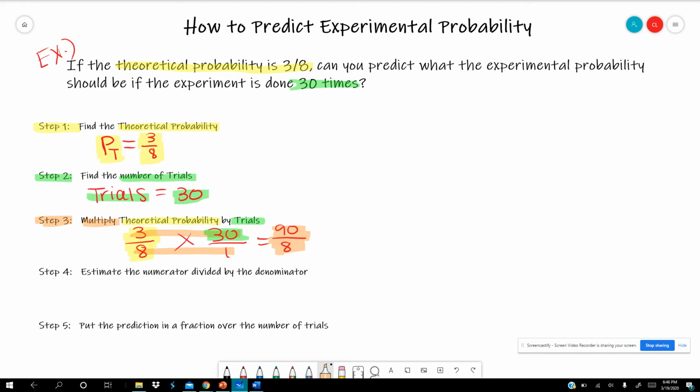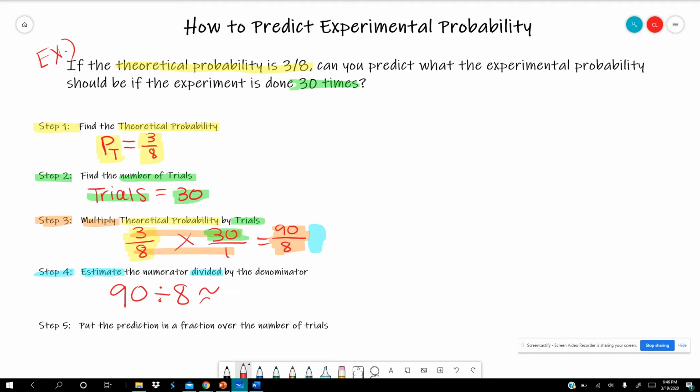Step 4, let's do in blue. Step 4, we want to estimate the numerator divided by the denominator. Those are 2 keywords, estimate and divide. We're just estimating this division problem. A fraction is just like a division problem, so we're trying to figure out what 90 divided by 8 is.